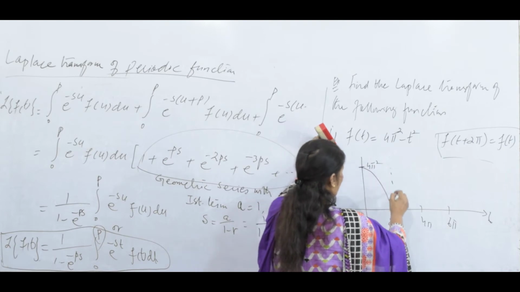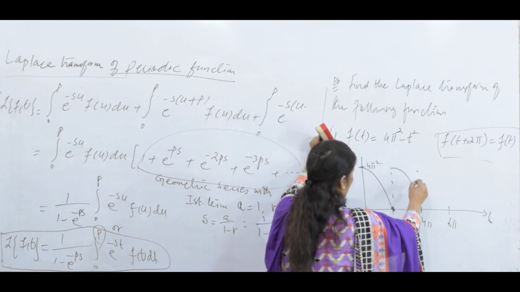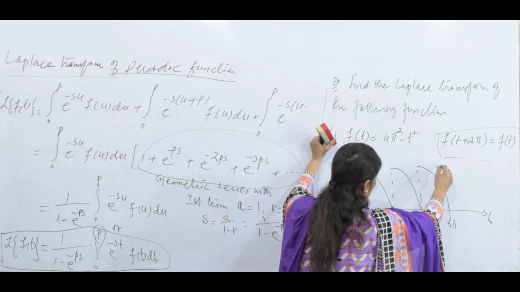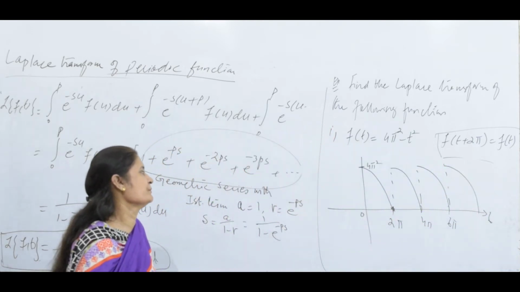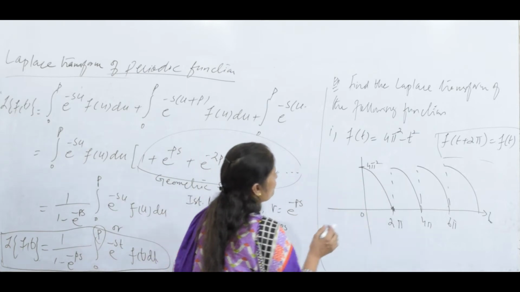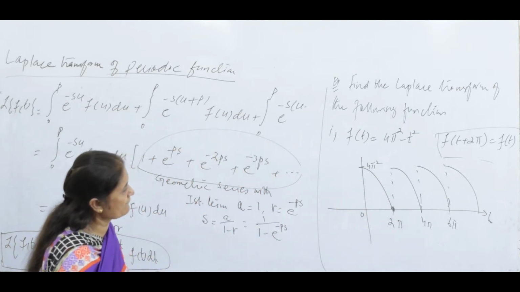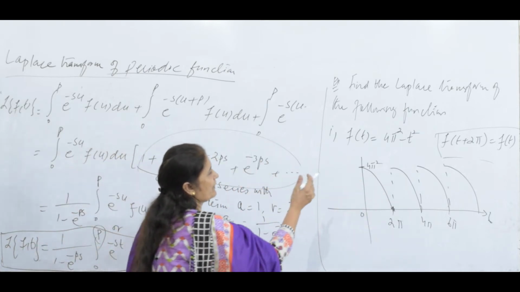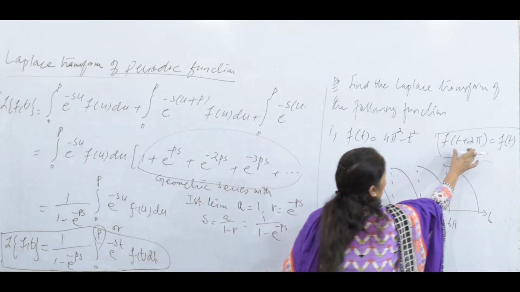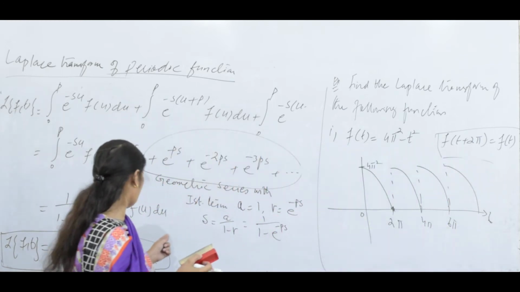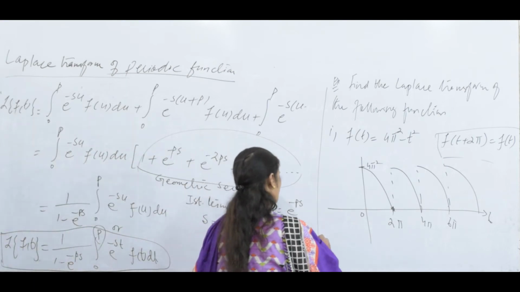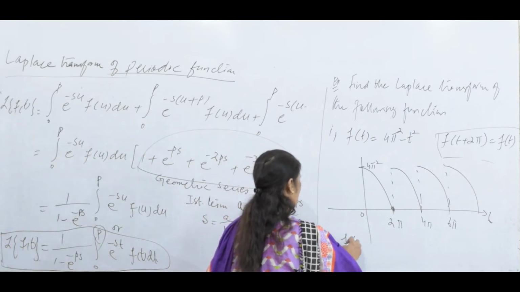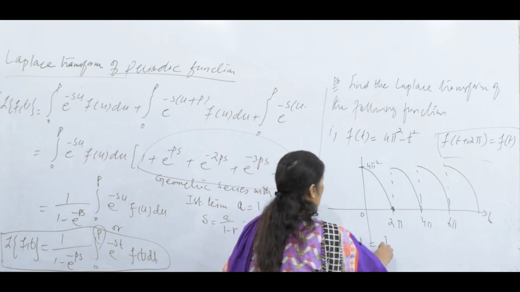And then it repeats. So obviously this is a periodic function, and since it is periodic, you have to find the Laplace transform by applying this formula, where p is 2 pi. Let me have a few more, then I'll solve one for you.